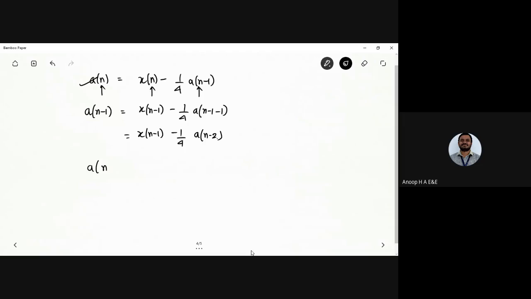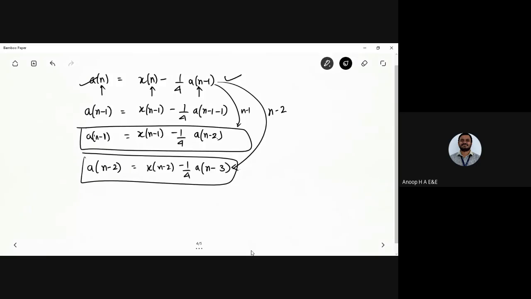I'll be taking it with the n minus 2 being replaced. In case of n, I'll be replacing n minus 2, x of, this is n minus 1, this is n minus 2, x of n minus 2 minus 1 by 4 a times n minus 3 there.